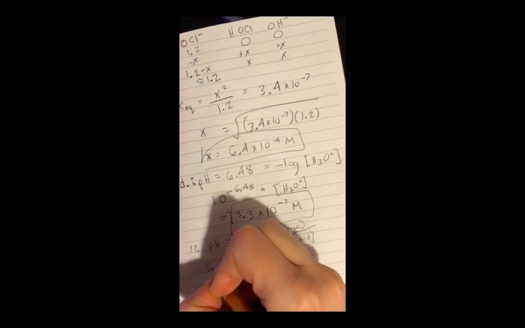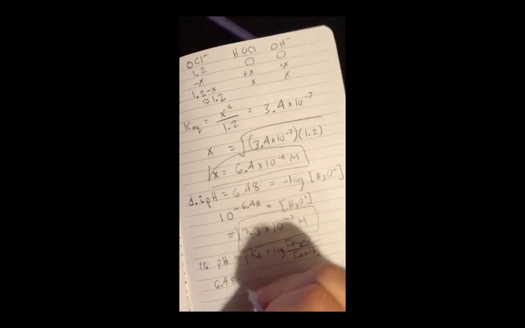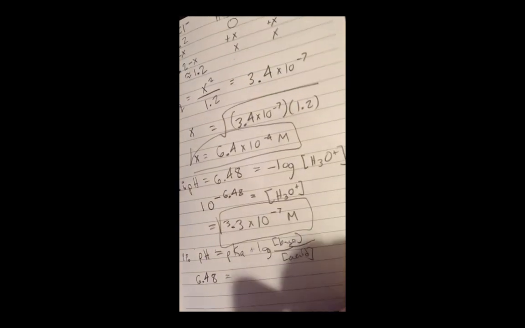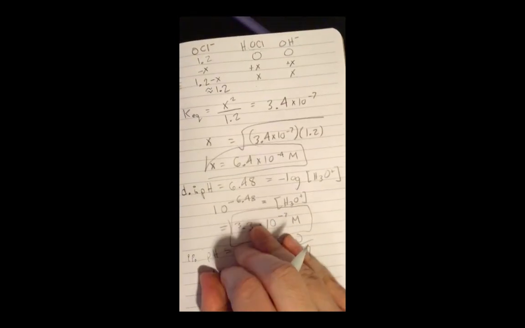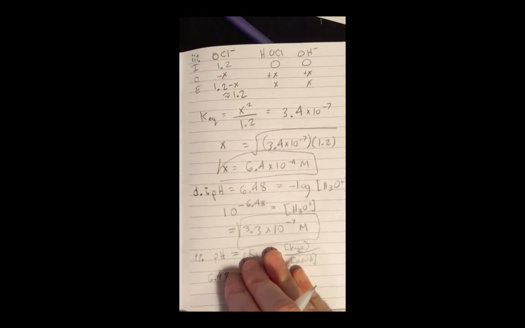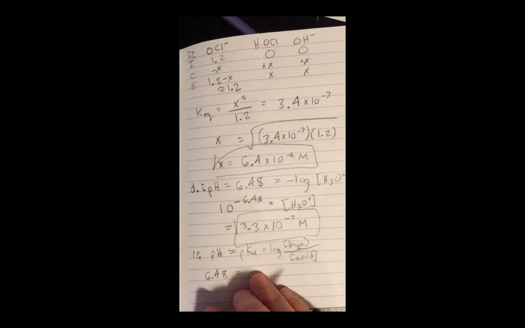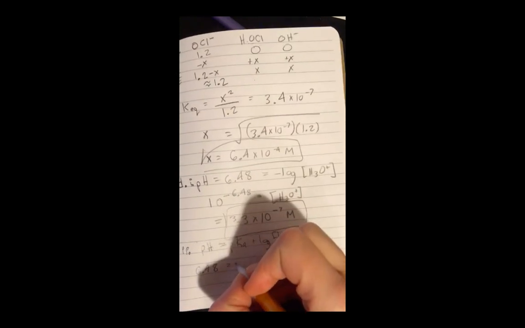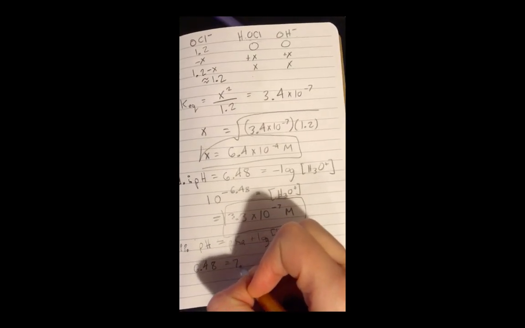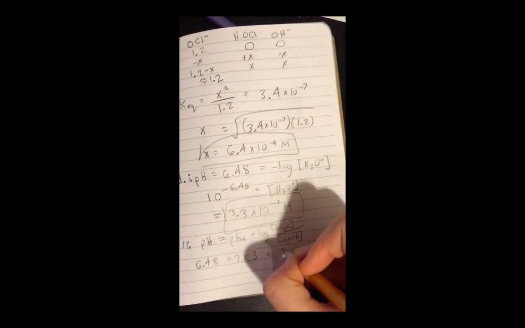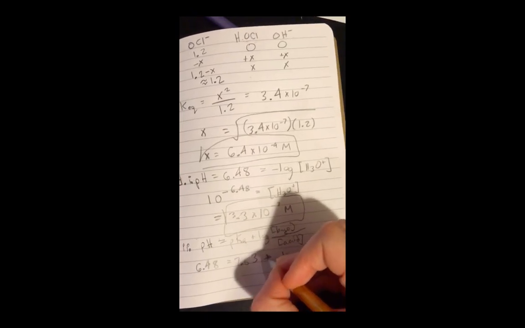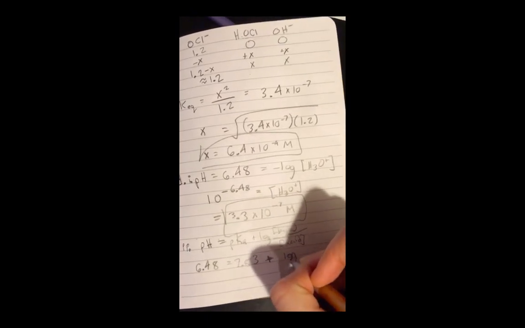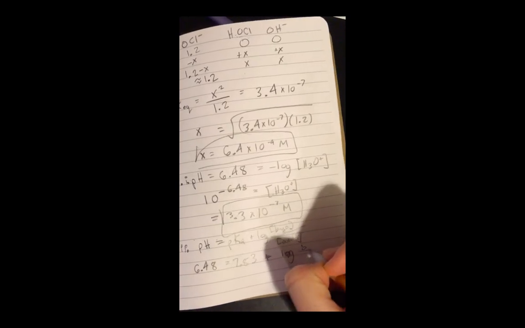In this case, the pH is 6.48. The pKa would be negative log times that Ka value from back when that's given in the original problem. Right, so the negative log of that is 7.53, and that's plus log of base over acid.